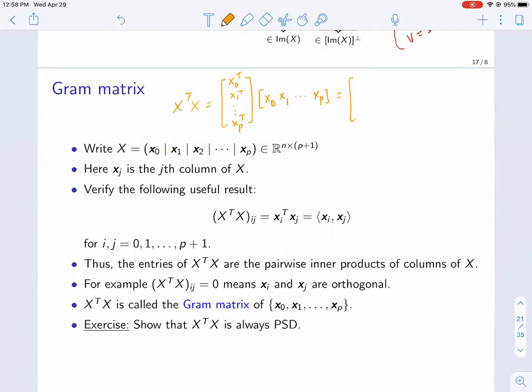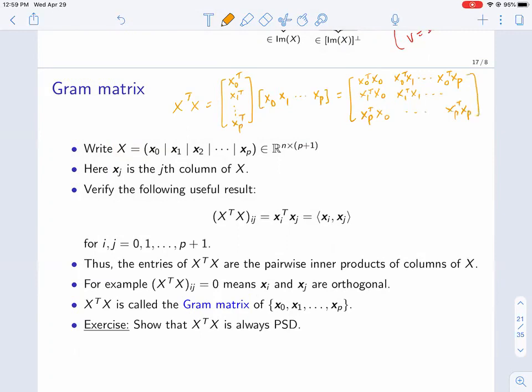So we get x0 transpose x0, x0 transpose x1, up to x0 transpose xp, then x1 transpose x0, x1 transpose x1, and so on, down to xp transpose x0, up to xp transpose xp.